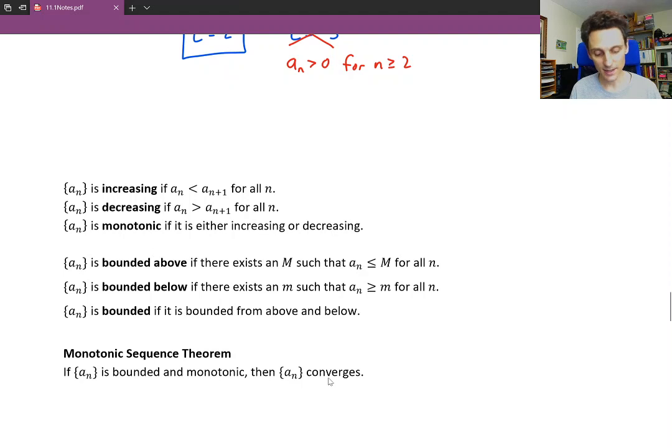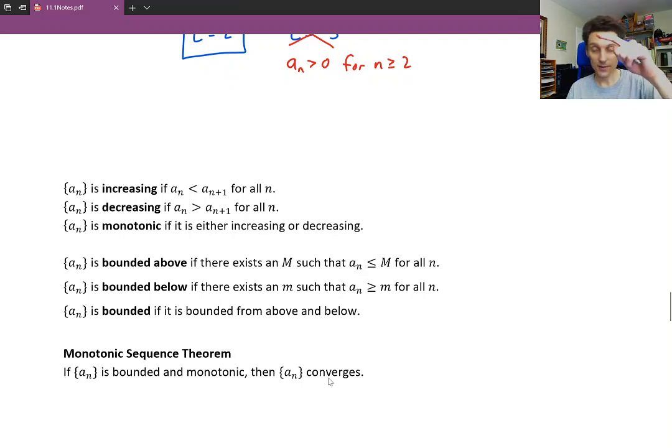And if it's bounded, then the terms of the sequence are going to have to be getting bigger and bigger and bigger because it's increasing, and there's going to be a ceiling. They can't go beyond a certain point. So eventually they're going to have to start petering out. They're going to have to start leveling out and getting closer and closer to some value that's before the ceiling or possibly on the ceiling itself.